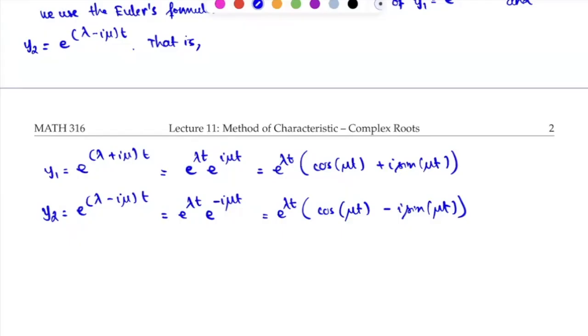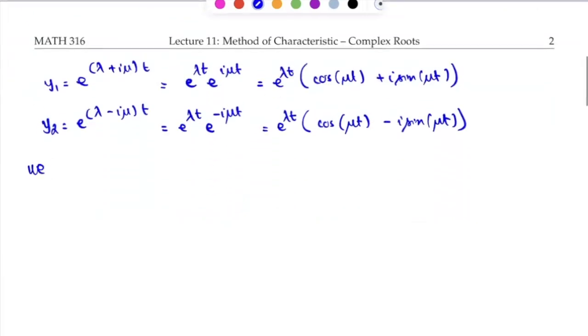So in finding the solutions of second order differential equations, we want to assure that y1 and y2 are linearly independent, or they form a fundamental set of solutions. So we assume that y1 and y2 are linearly independent.